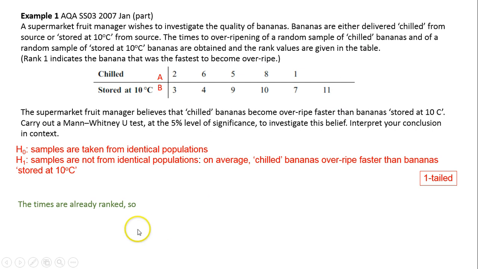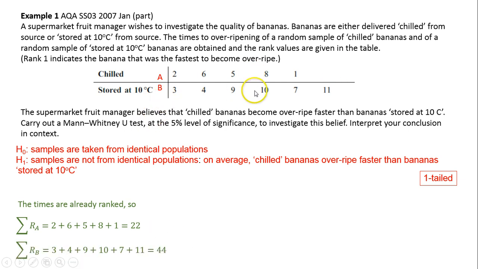they're already ranked, so the sum of the ranks of A gives us 22. The sum of the ranks of B gives us 44. So the test statistic for U is the sum of R minus n(n+1)/2.